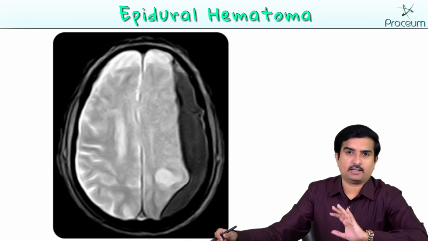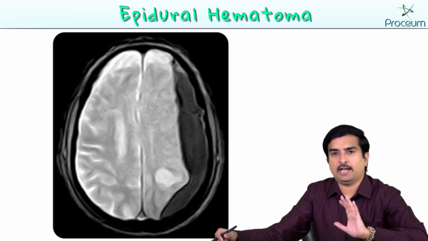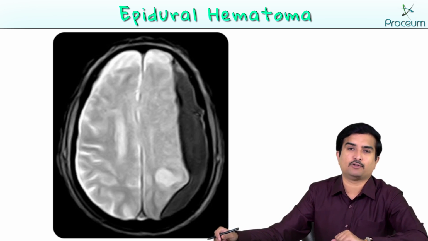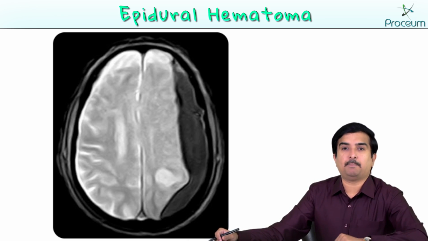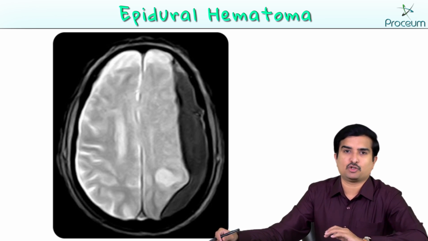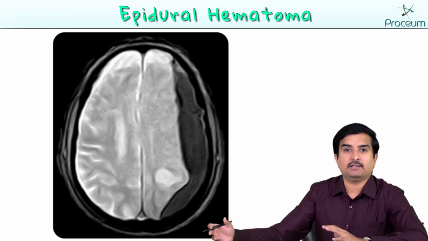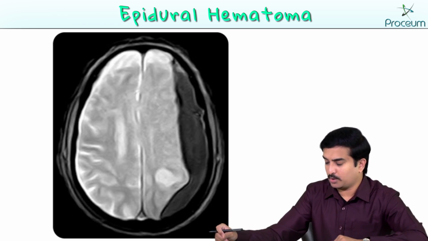But remember the point that MRI is especially useful in the diagnosis of epidural hematoma at the vertex, right? This is the point you have to concentrate on. And you can see the MRI signal appearance of the epidural hematoma and subdural hematoma evolves over time in a manner similar to that observed in the parenchymal hematomas. That is an important point we need to consider over here.